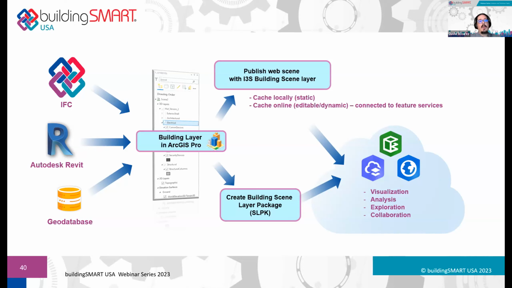And at the same time, you now have the capability of, let's say, a key attribute that you want for your asset management systems. When your IFC or your Revit file was created, it's not present. I can use the data in the geodatabase and create that additional attribute and populate it, let's say, with my asset ID.